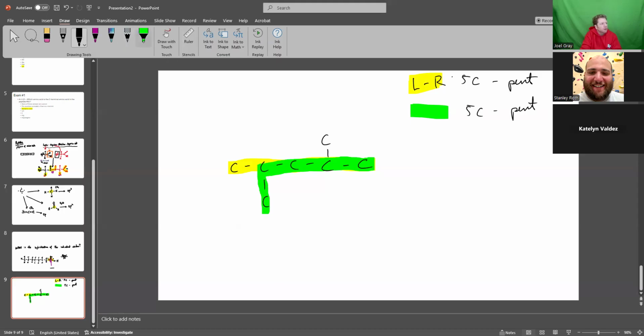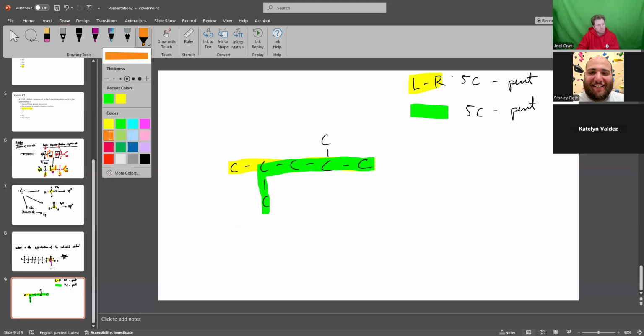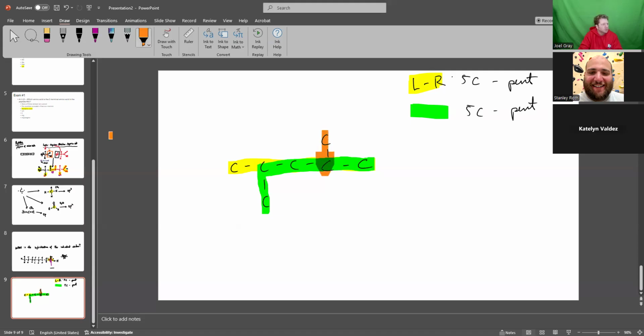Now I'm going to switch my highlighter to orange. And now I'm going to start up here and go from there down. I started on the right-hand side and I went down. That's 1, 2, 3, 4, 5. 5 carbons. Still pent.